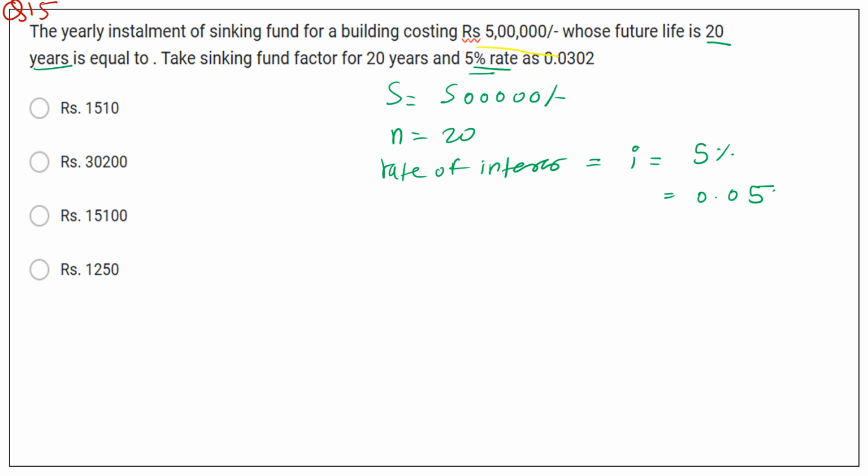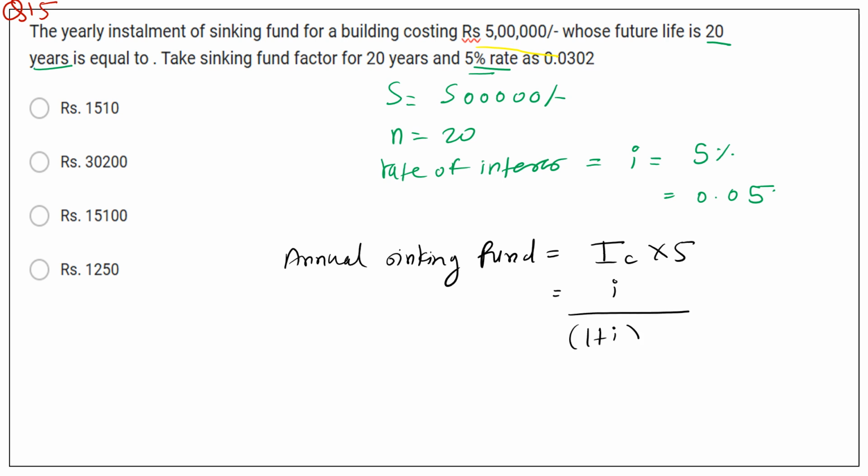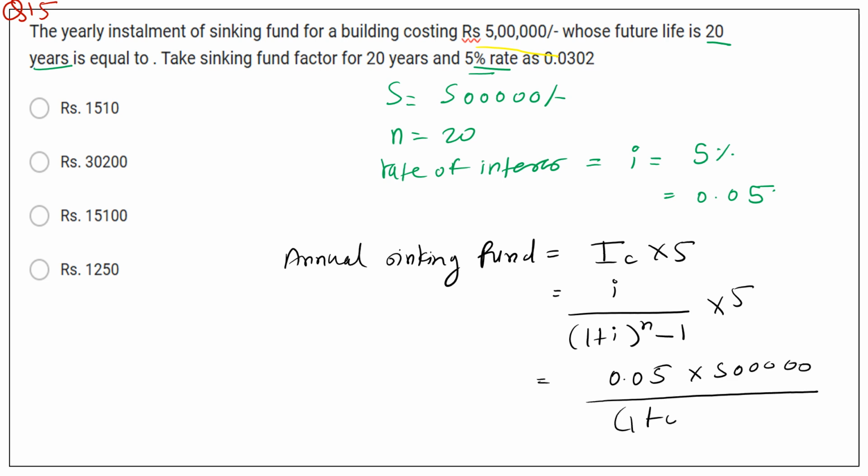So the formula to calculate the yearly installment of sinking fund: annual sinking fund is equal to IC into S. So this IC is equal to i divided by (1 plus i) raised to n minus 1, into S. After putting the given values into this formula, here S is equal to 5 lakh, divided by (1 plus 0.05) raised to 20 minus 1.